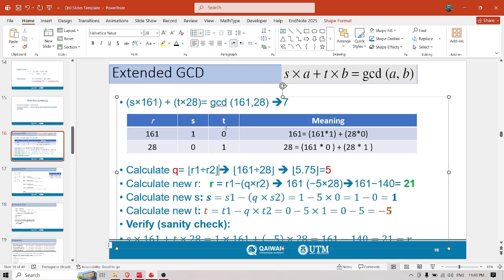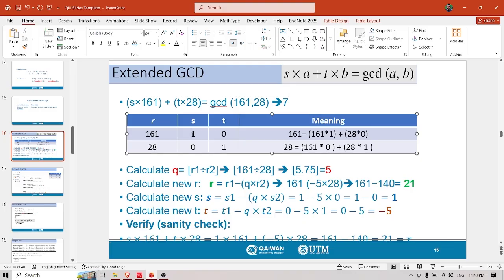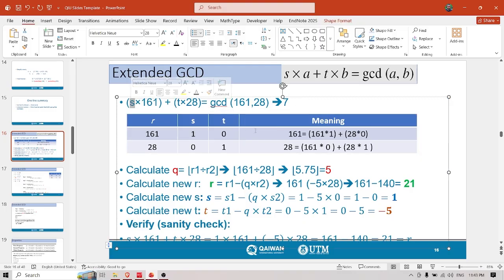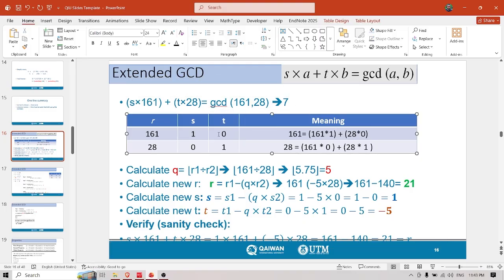These two at the first round are fixed, because if we use the S in here, we say 161 is equal to 161 multiplied by 1. This S, we will put it in here, and it will become this, and the 0 would be this, and now this is true. Also same for this, and now we get this.